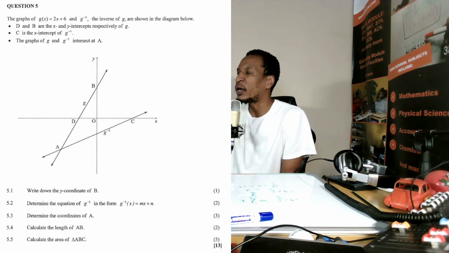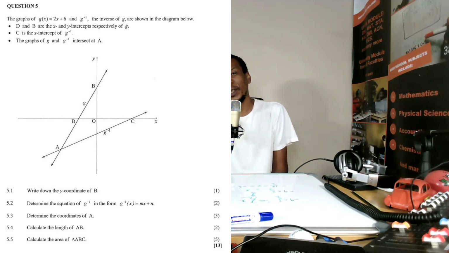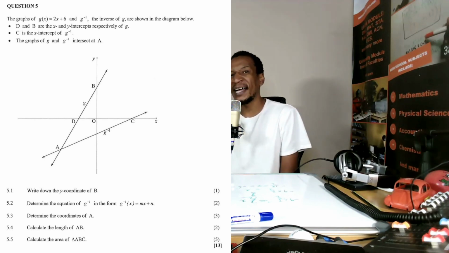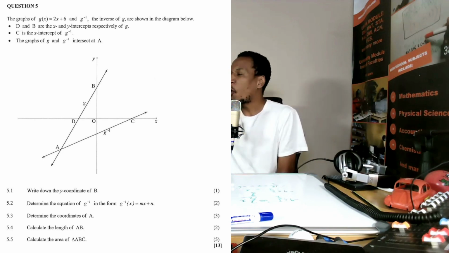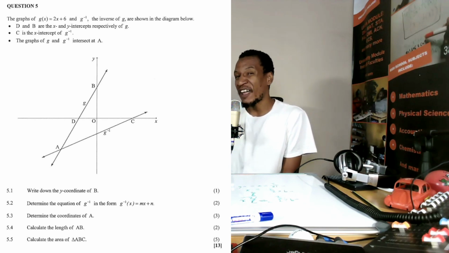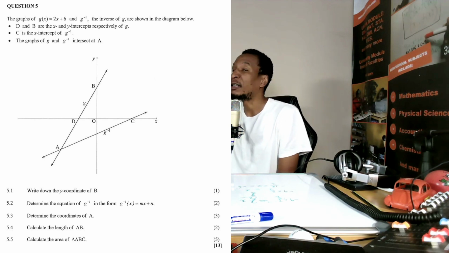Without wasting time, I'm going to go through the question and we're going to do the answers together. But before I do that, I will divide the question into two parts. So we're going to have two videos. In the first video, we will discuss 5.1, 5.2, and 5.3 because it is more of the algebra that is needed in paper one.